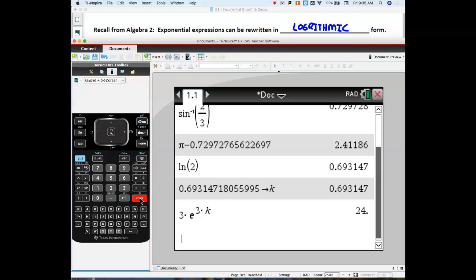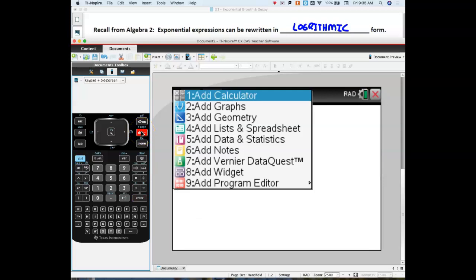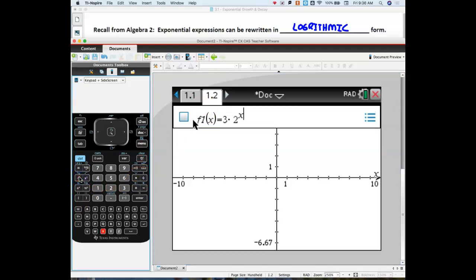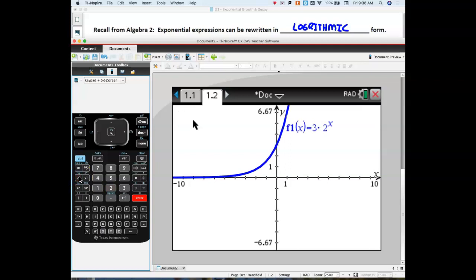Okay. Or I could prove this graphically. My first function would be 3 times 2 to the x power. There it is. Okay.